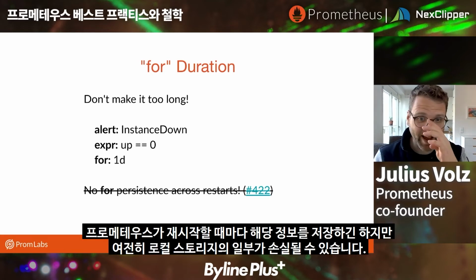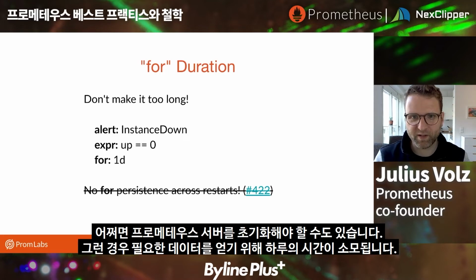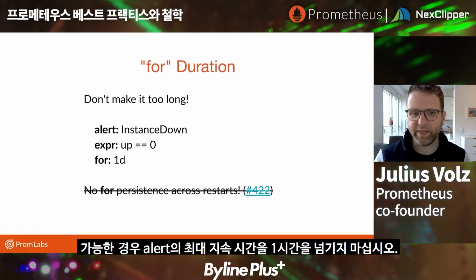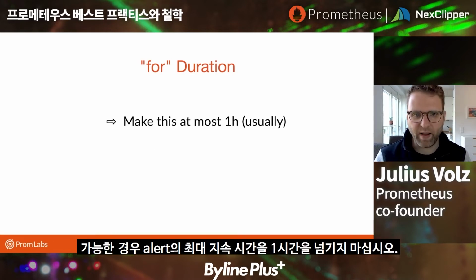So that has been fixed. Prometheus now stores that information across restarts, but still, you may lose bits of your local storage. You might have to start a fresh Prometheus server, and then it would lose 1 day of necessary state. So try to avoid that if possible. A good maximum duration for reasonable alerts typically would be 1 hour.